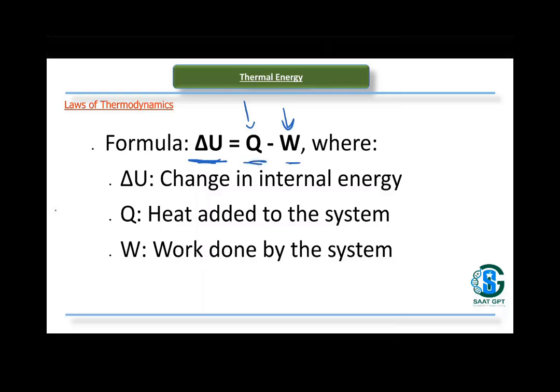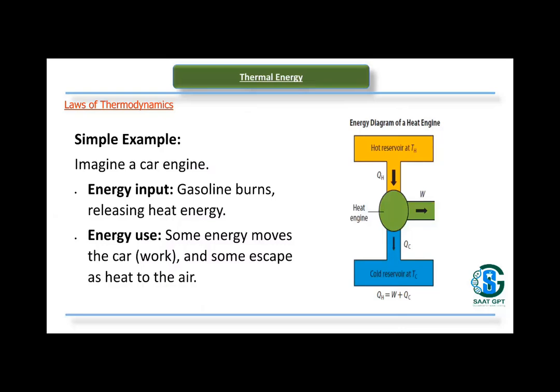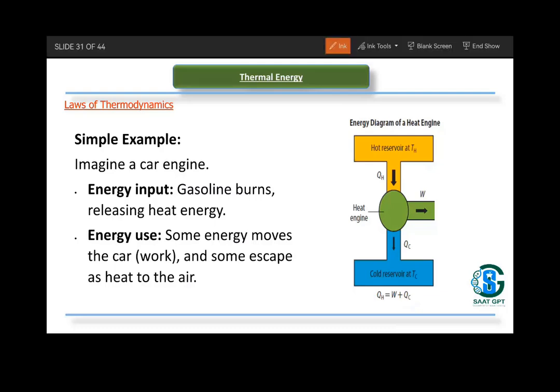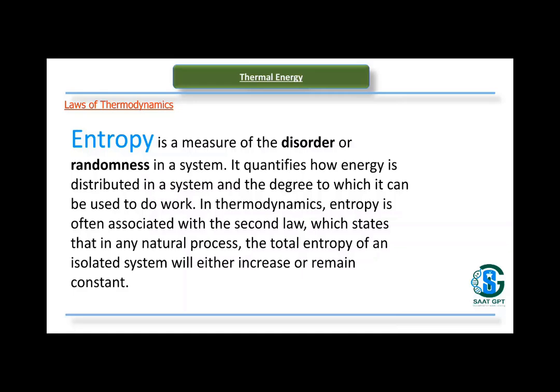For the previous figure, the amount of heat received by the cold reservoir is equal to the amount of heat added minus the work done. Again, the amount of heat received by the cold reservoir is equal to the amount of heat added minus the work done.